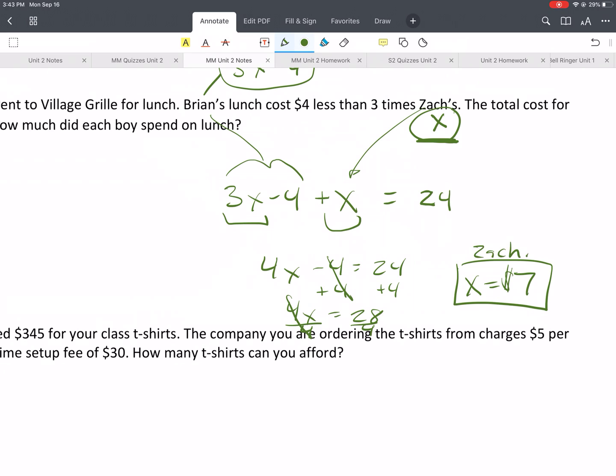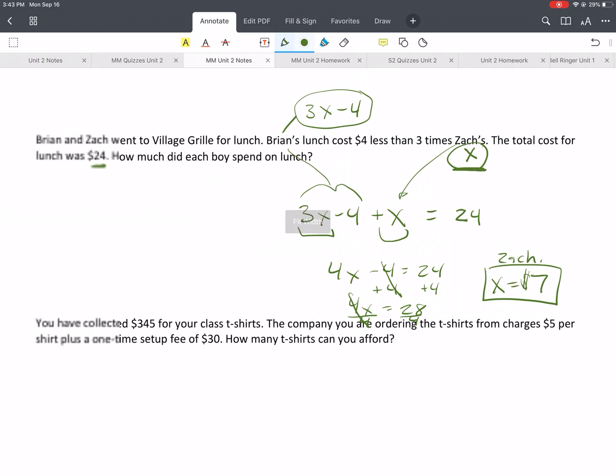Okay, and now we want to know how much Brian's costs. Well, we have an expression for the cost of Brian's. So for Brian, the cost would be 3x minus 4. Well, we know that x is 7. That'll give us 21 minus 4, which is 17.